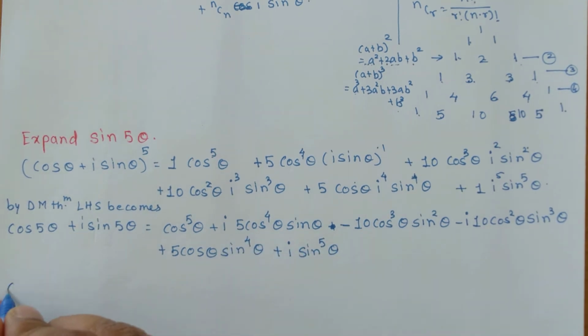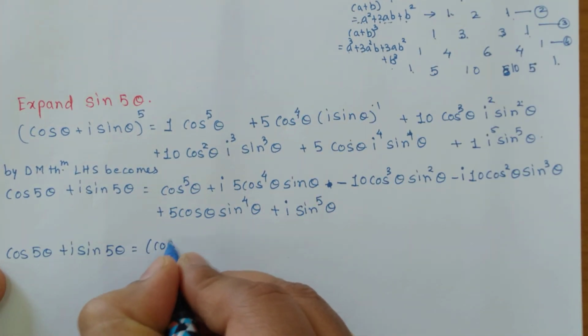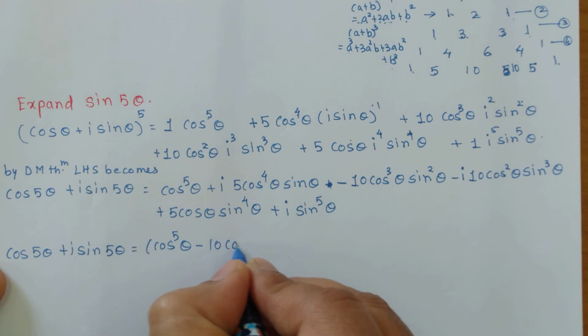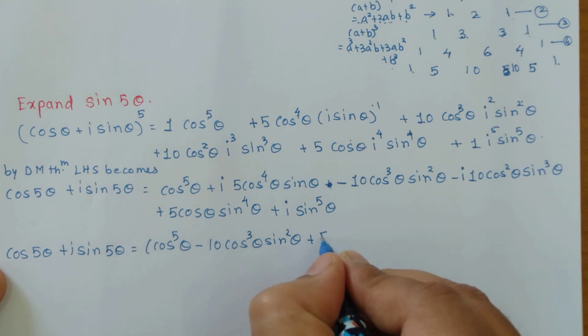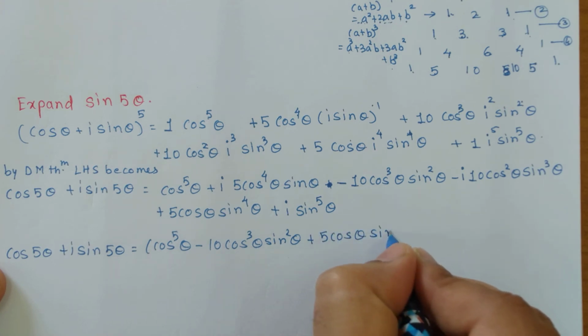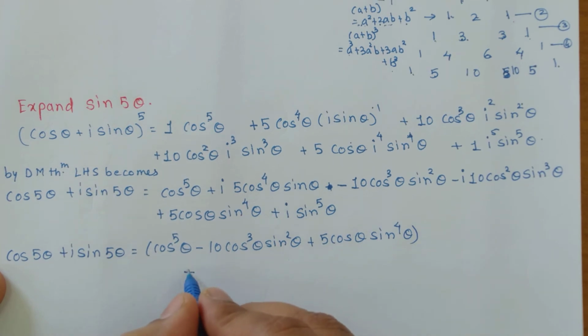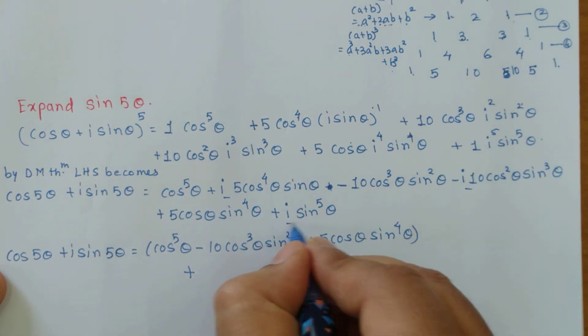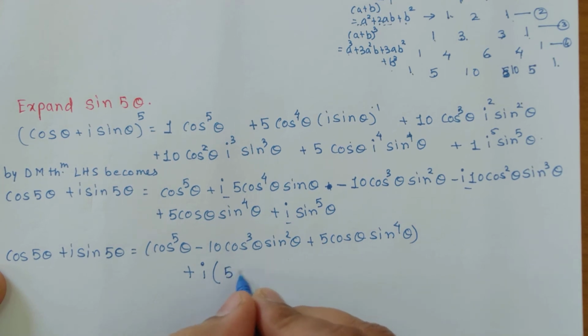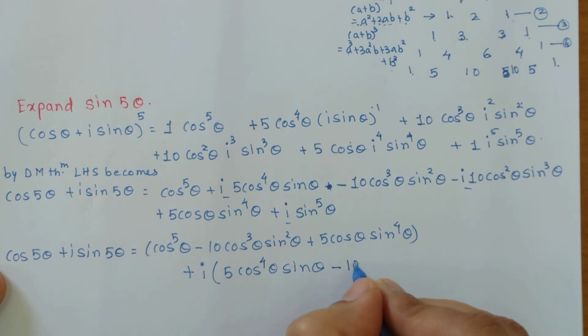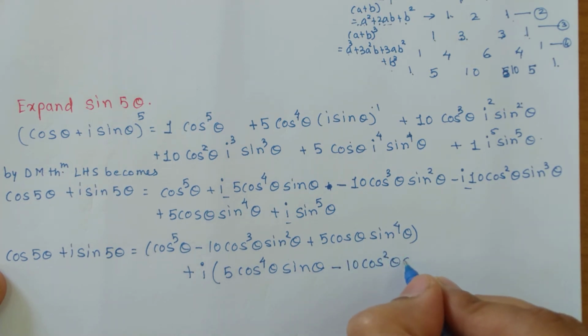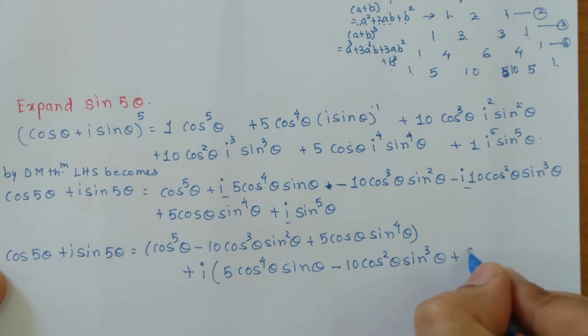So cos 5 theta plus i sin 5 theta is equal to cos raised to 5 theta minus 10 cos cube theta sin square theta, where i is not present, plus 5 times cos theta sin raised to 4 theta, plus, taking i common, 5 times cos raised to 4 theta sin theta minus 10 times cos square theta sin cube theta plus sin raised to 5 theta.